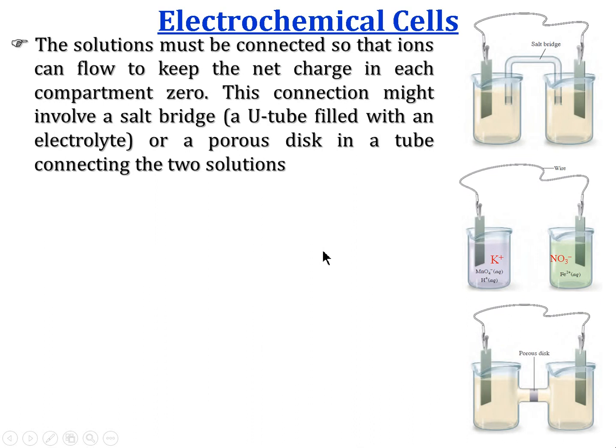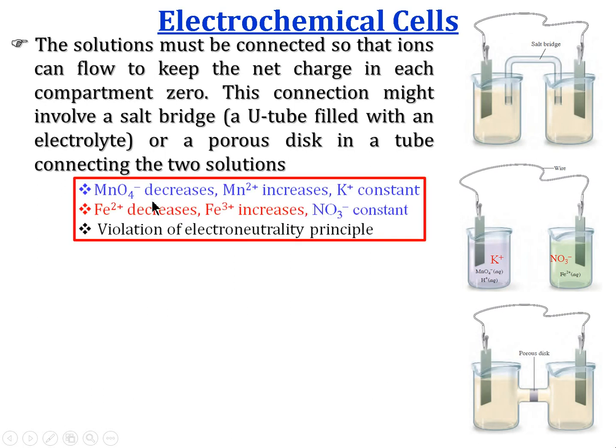So we return to our example. We have two couples, MnO4 minus, Mn2 plus and Fe3 plus, Fe2 plus in two separate beakers, connected by a wire, so the electrochemical cell did not function. We add the salt bridge. In case MnO4 minus decreases in the first beaker, the positive K plus ion will be greater.